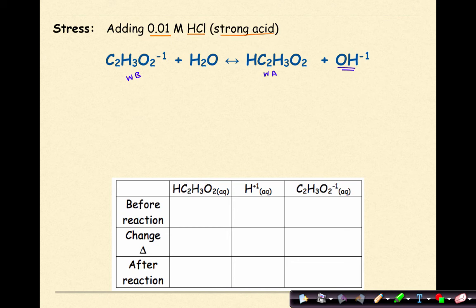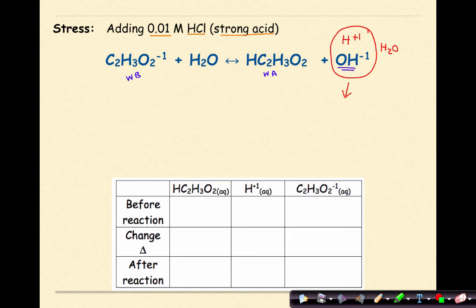So what will happen is, again, the hydrochloric acid is going to fully ionize, and when it does, we're going to have hydrogen ions. The existing hydroxide ions in solution will combine with the hydrogen ions to form water. But as a result, my concentration of hydroxide ions is going to decrease.